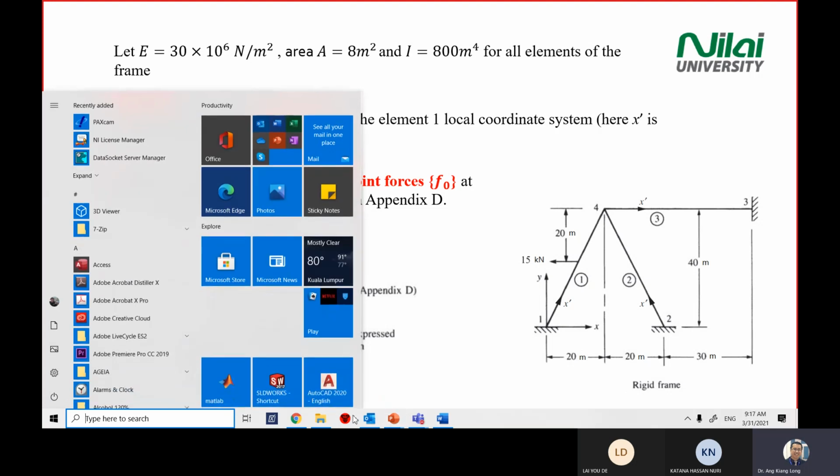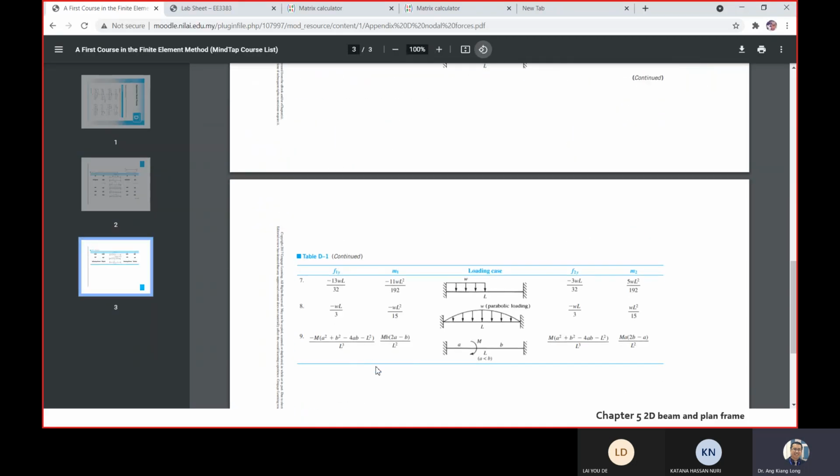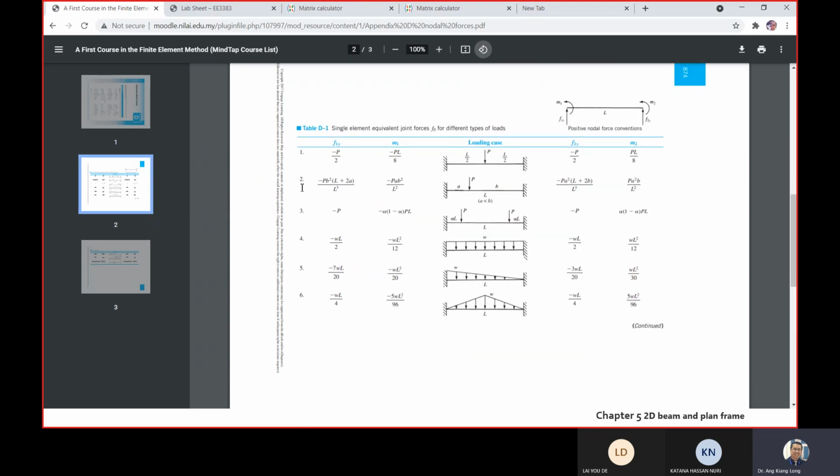So Appendix D, again, just to recap, Appendix D has 9 cases here. You have the first case with the load in the middle, and the second case where you have A and B, which more likely will come out in the final exam. So you have the different ratio, different length, where P is at a different position.